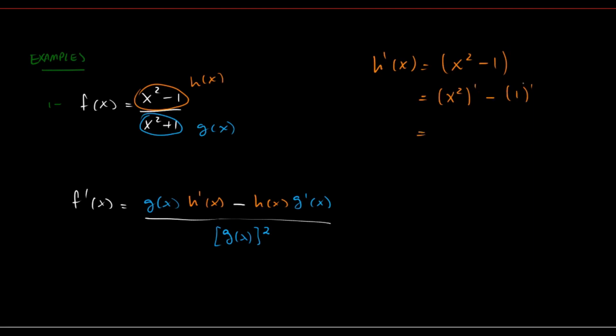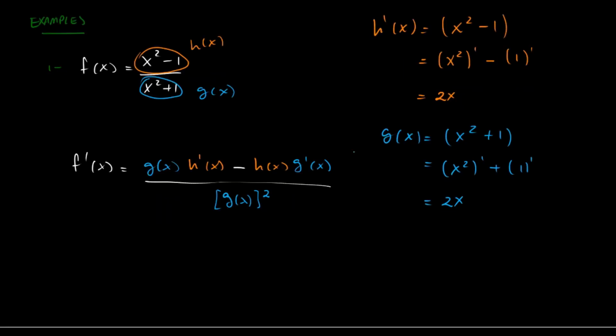And the derivative of 1 is 0, and the derivative of x squared is 2x. We get something very similar for g. It's the derivative of x squared plus 1. So using the sum, the derivative is 2x plus 0.